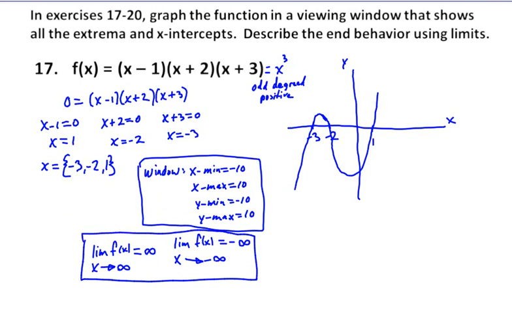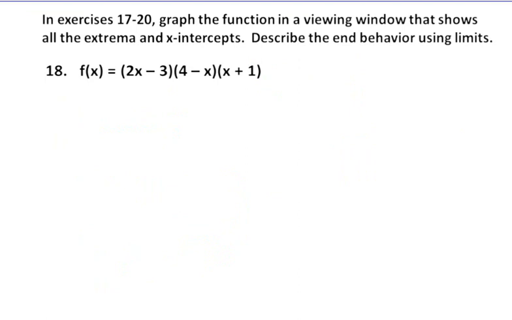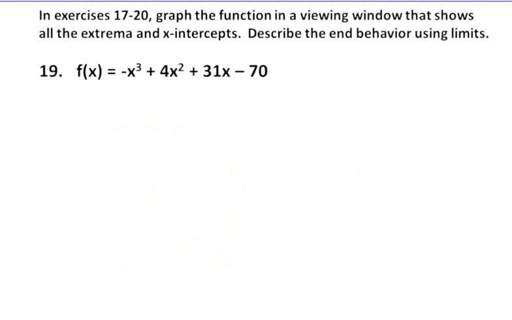Okay, let's go on to the next problem, which is 19. In this case, we are not given a factored form, we're given a standard form. In standard form, we place our terms in descending order from the greatest to the least, and we are already given that.